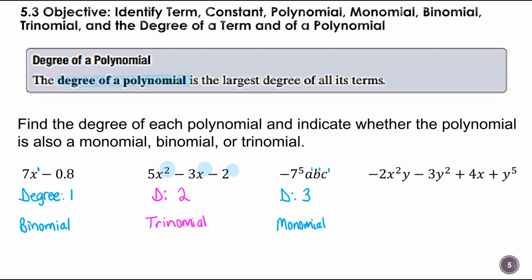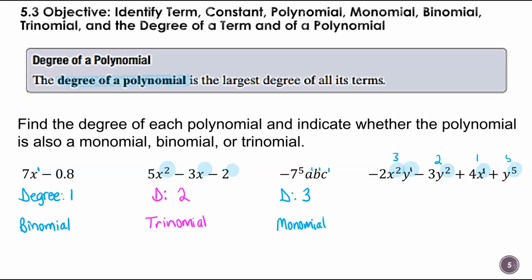And then last, we have a bunch of different things going on here. That's got a 1. This one has a 1. Okay, so let's look at these degrees. We have a 2 plus 1, so that one has degree 3. The next one has a degree of 2. And then we have a degree of 1. And then last we have a degree of 5.